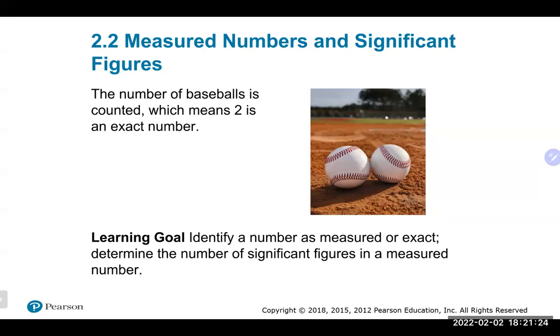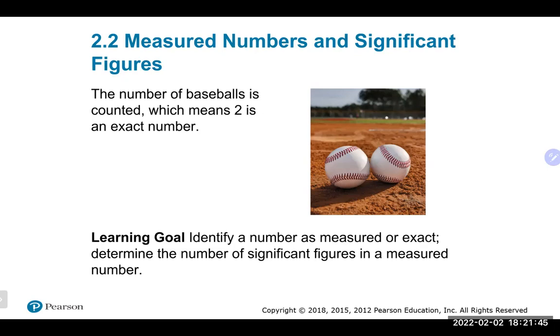The degree of uncertainty depends on the measuring device that you're using. Depending on the device, you may have a really high degree of uncertainty, or a very low degree of uncertainty.